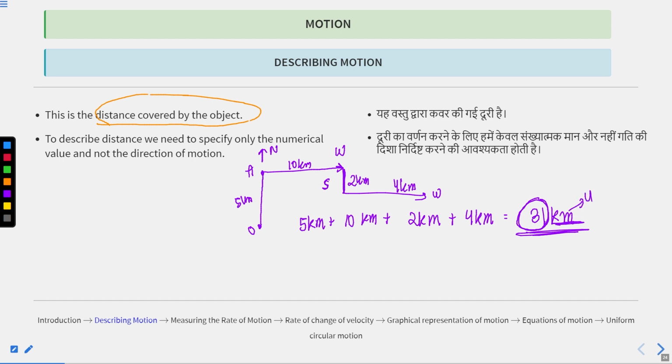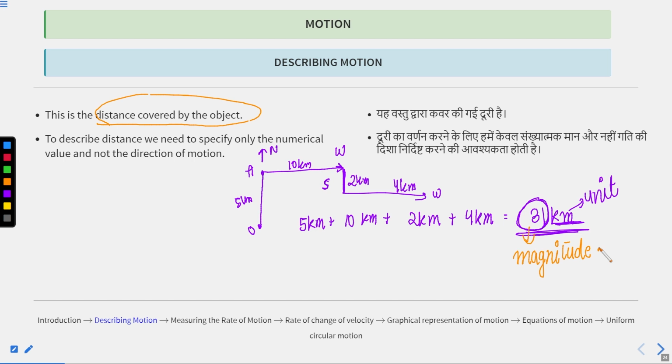Kilometer is the unit and 31 is a numerical value, and in physics numerical values are called magnitude.